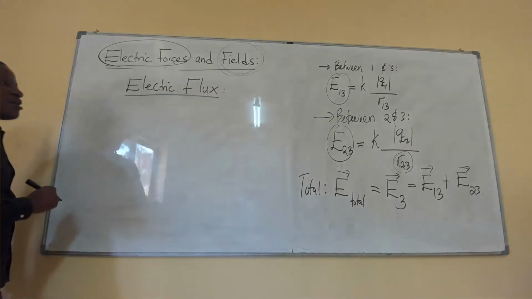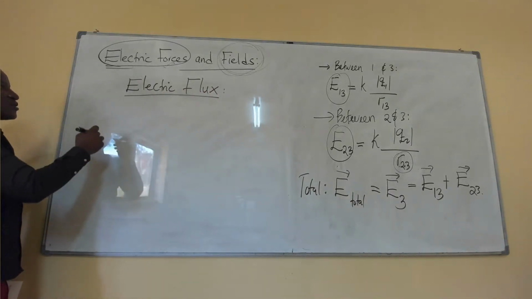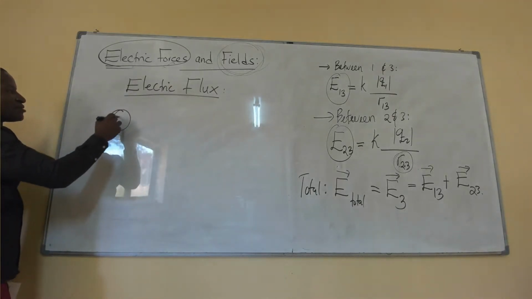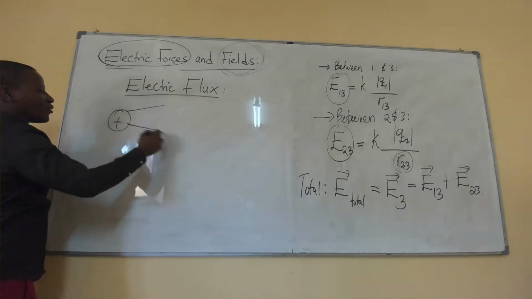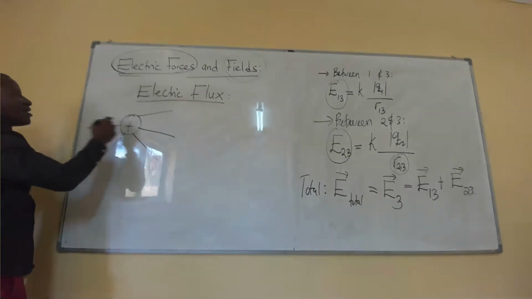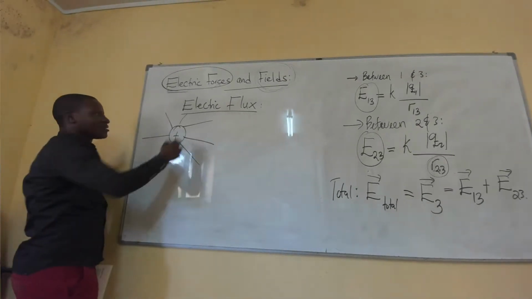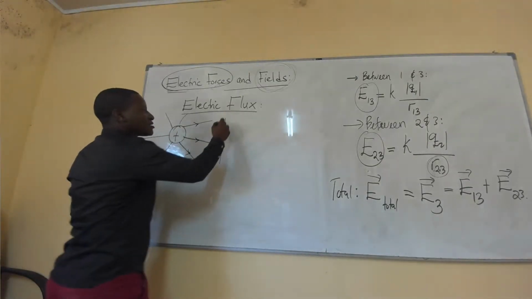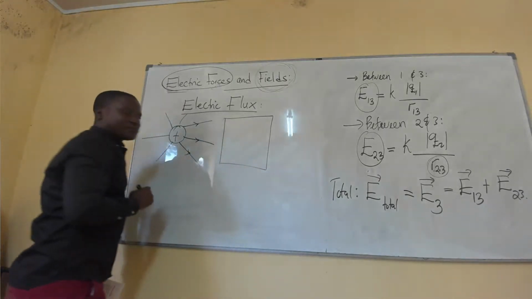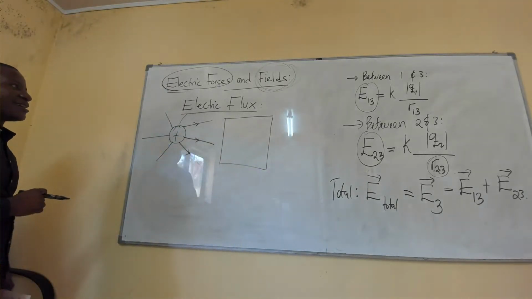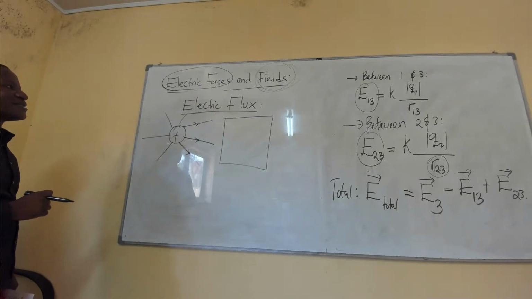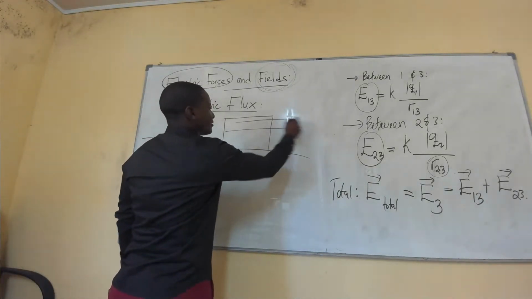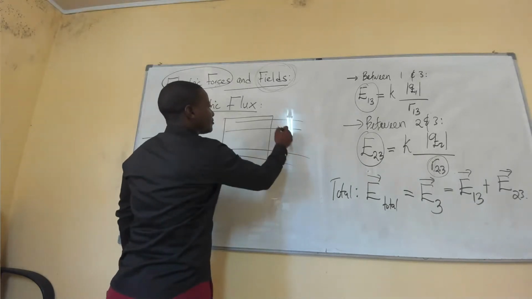We have talked about the field lines. Let's say, for example, you have that, which is a positive charge. Of course, it will be sending some field lines in the outward direction. Then you have some box or a curtain there, and these will be penetrating in this direction.